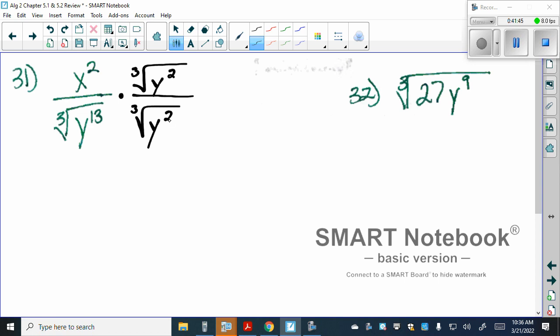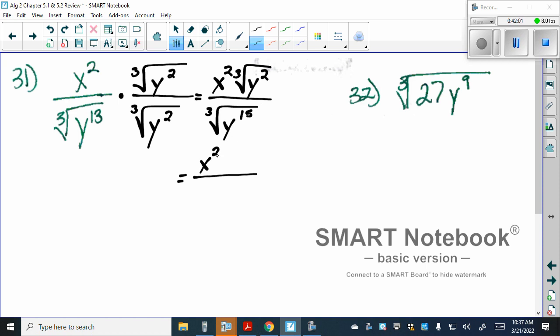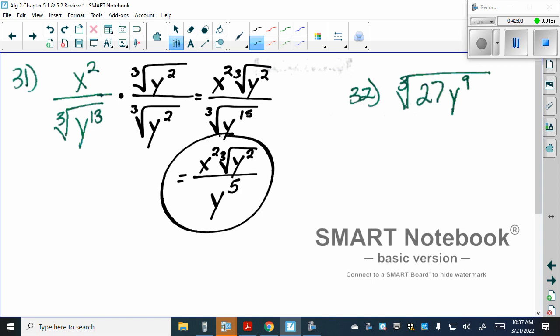And if we multiply these here, well, the numerator would give us x squared times the cubed root of y squared. The denominator would be the cubed root of y to the 15th. And well, the cubed root of y to the 15th would be y to the 5th. And that right there would be the final answer.